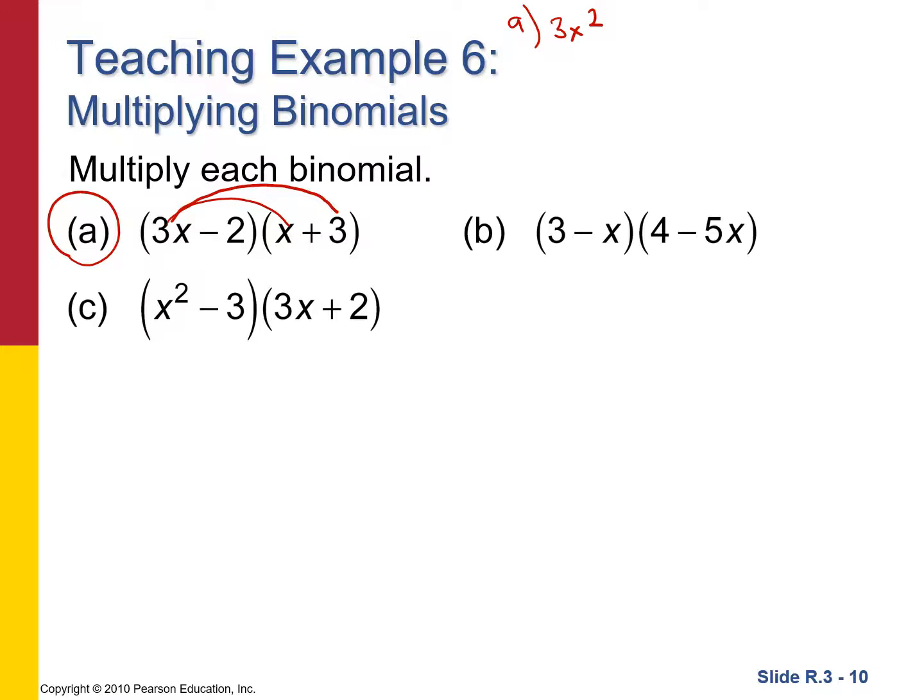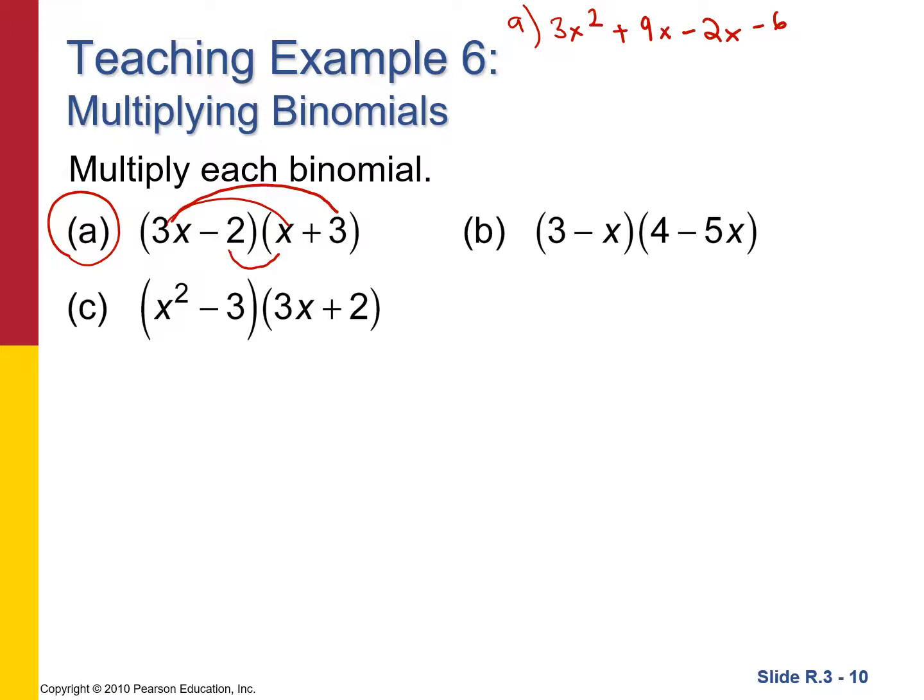You cannot add and subtract unlike terms. 3x times 3 gives us 9x. Inner, minus 2 times x is minus 2x. And then the last two terms, minus 2 times positive 3, which is minus 6.